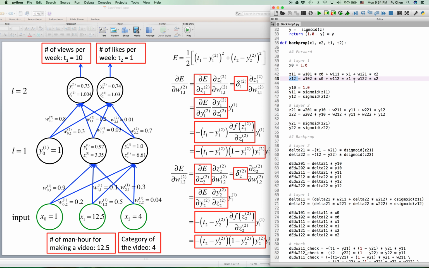And then the calculation is similar to this particular neuron. And that's all the calculations for the first layer, right? So once we got z11, y11, z12, y12, we have finished the calculations for the first layer.